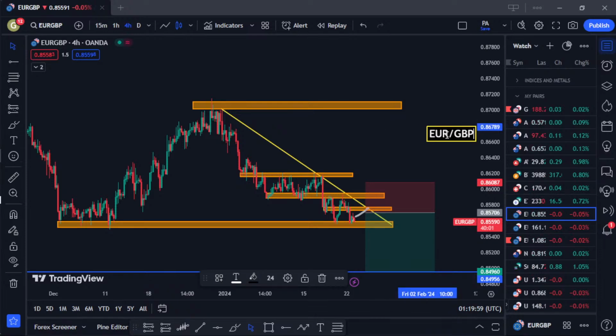So for the EURGBP entry, please don't just use the entry data I'm giving you.